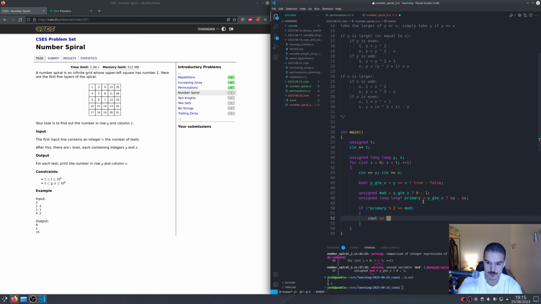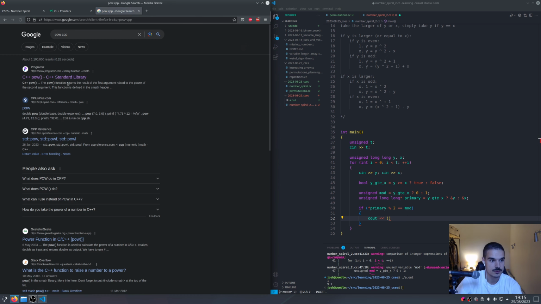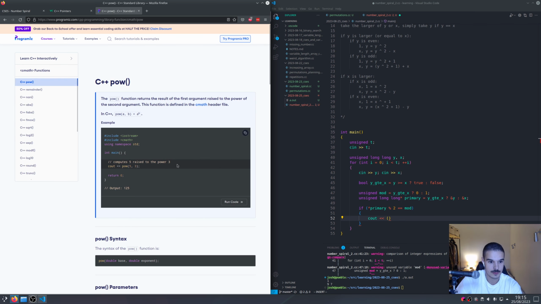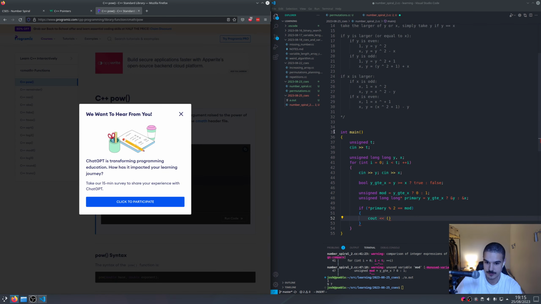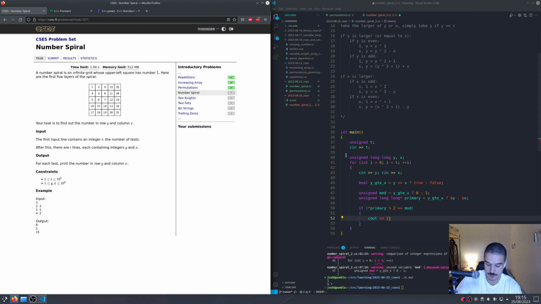Do we have to use POW? POW's in CMath. Maybe floor is as well, but I don't think I need to do floor division here.